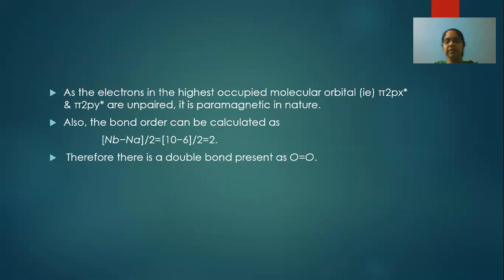This is one of the properties explained by molecular orbital theory, which was not clearly explained by valence bond theory. This is one of the drawbacks of valence bond theory. So the oxygen molecule is paramagnetic because of the presence of unpaired electrons in pi star 2px and pi star 2py molecular orbitals. That is about the molecular orbital energy level diagram for the oxygen molecule.